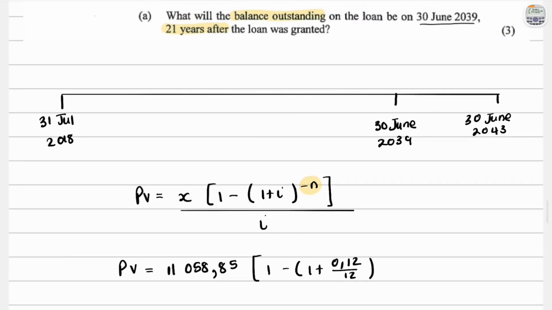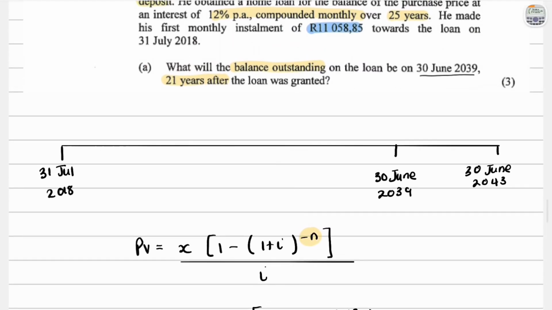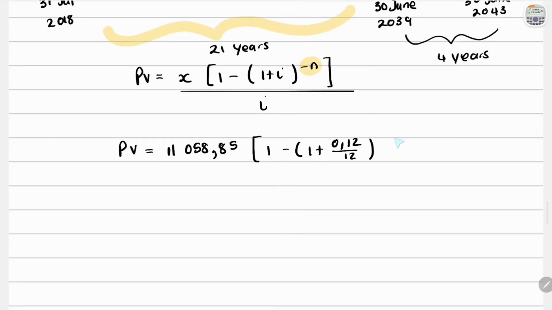In this case, we're trying to find out what the balance is after 21 years. After 21 years, how many more years does he have left to pay off this loan? He would have exactly 4 years to go because this loan is for a total of 25 years. So here, we're going to specifically put -4.